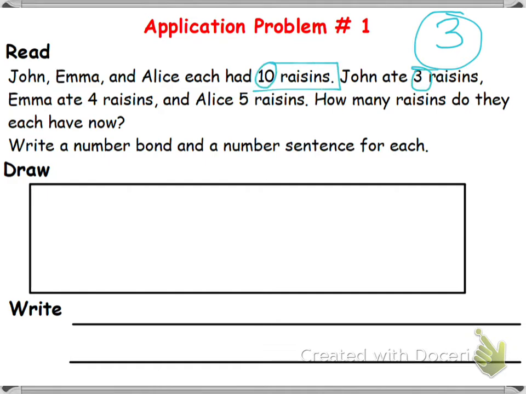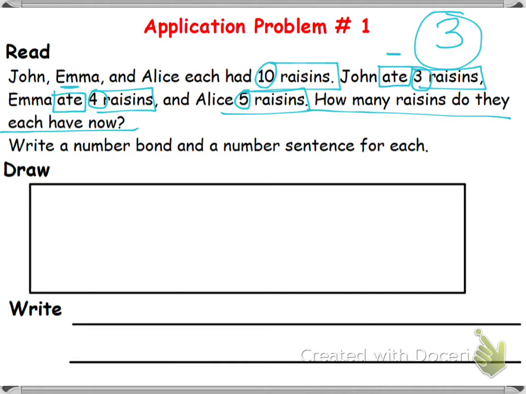John ate 3 raisins. This means taken away. Emma ate 4 raisins. Alice, 5 raisins. How many raisins do they each have now? Now remember our number sentence and number bond to show each.